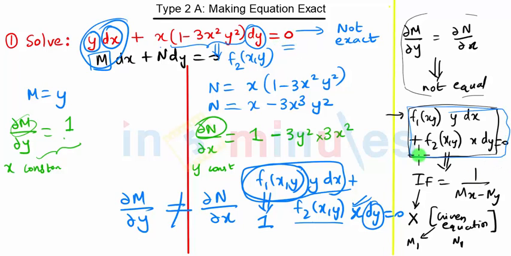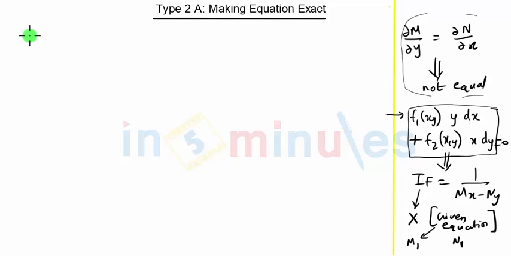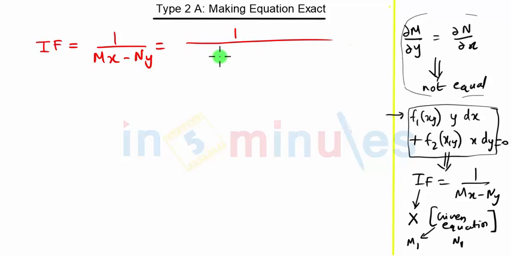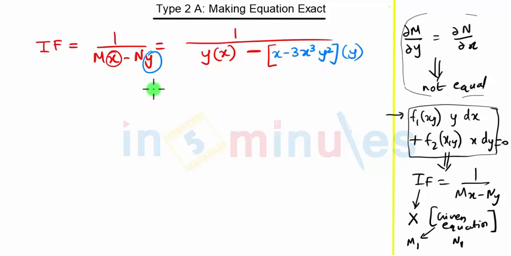So for this form, the integrating factor is given by 1 upon mx minus ny. So we are going to find the integrating factor. So 1 upon, what is m? m is y and this x here, minus what is n? n is x minus 3x cube y square into this y. So if we solve this, we will get xy.